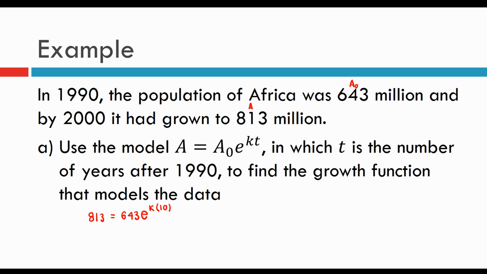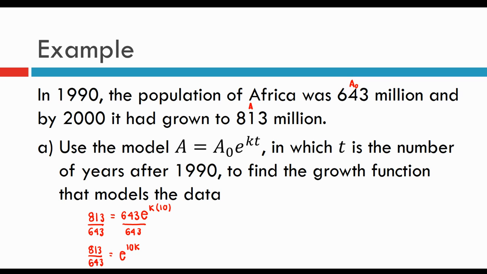In order to start solving for k, which is an exponent, I have to isolate the base by itself. So I'm going to divide both sides by 643. I'm going to keep that fraction as it is so I can get to the most exact answer. We'll now have e to the 10k power.